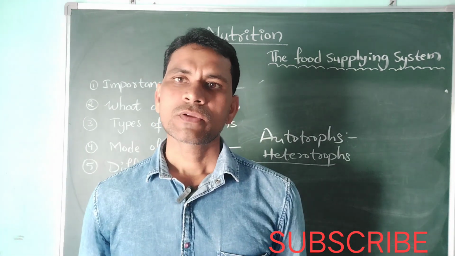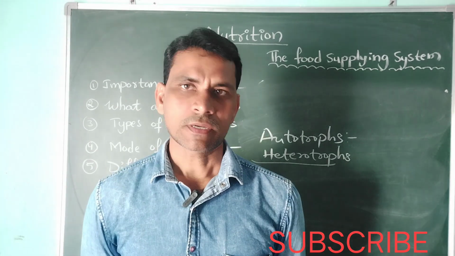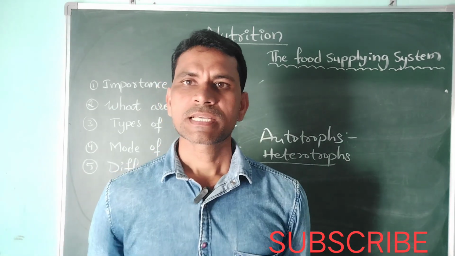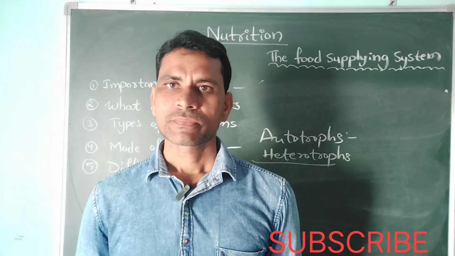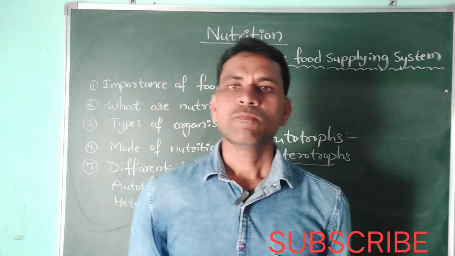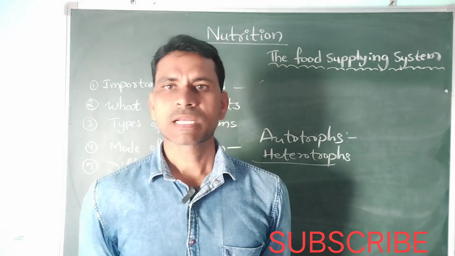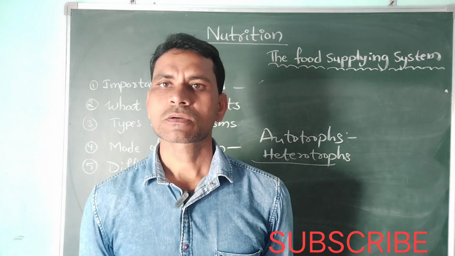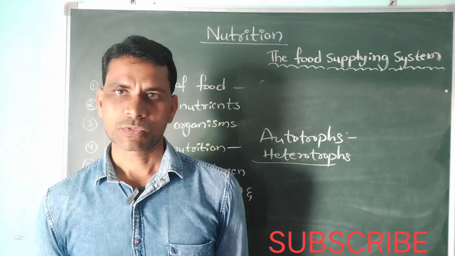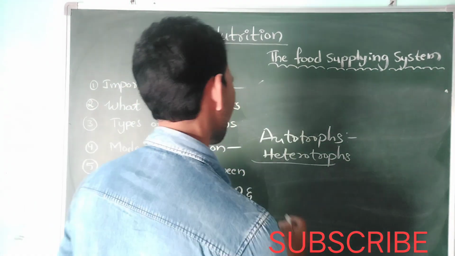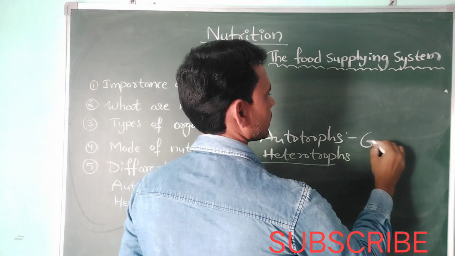They also require water and minerals from the soil, and carbon dioxide from the air. Using these simple materials, they are converted into chemical energy. Such organisms are called autotrophs. Example: green plants.